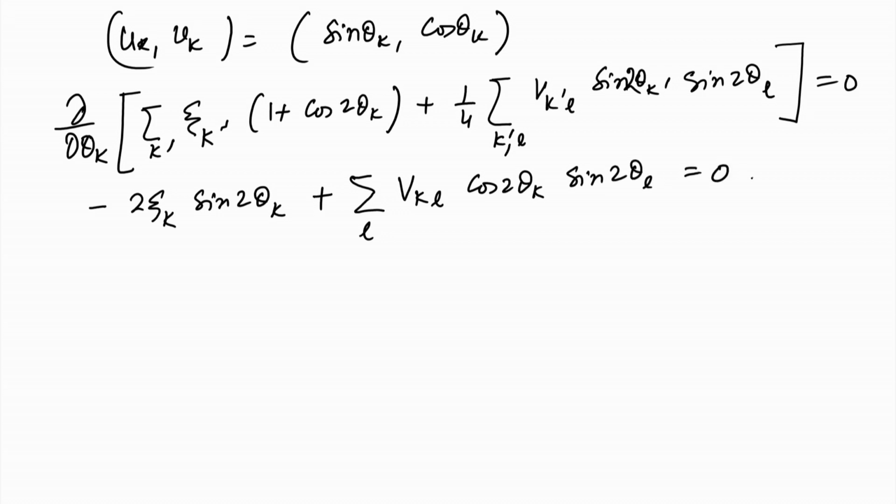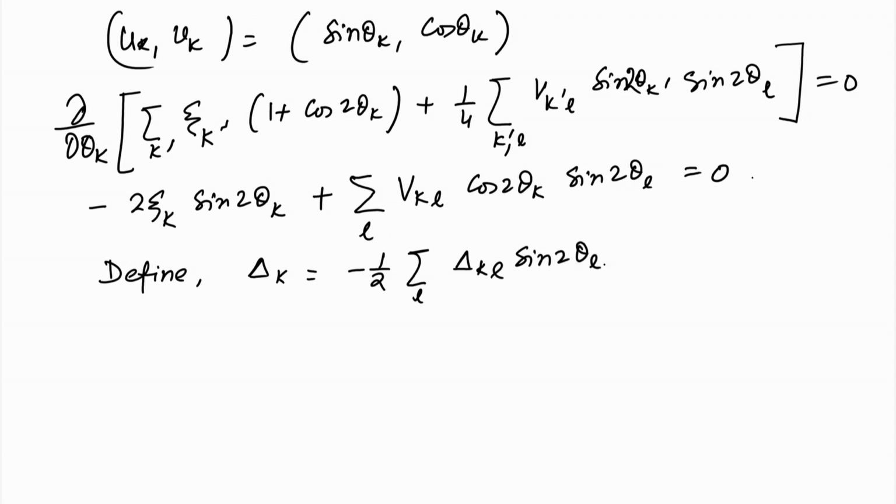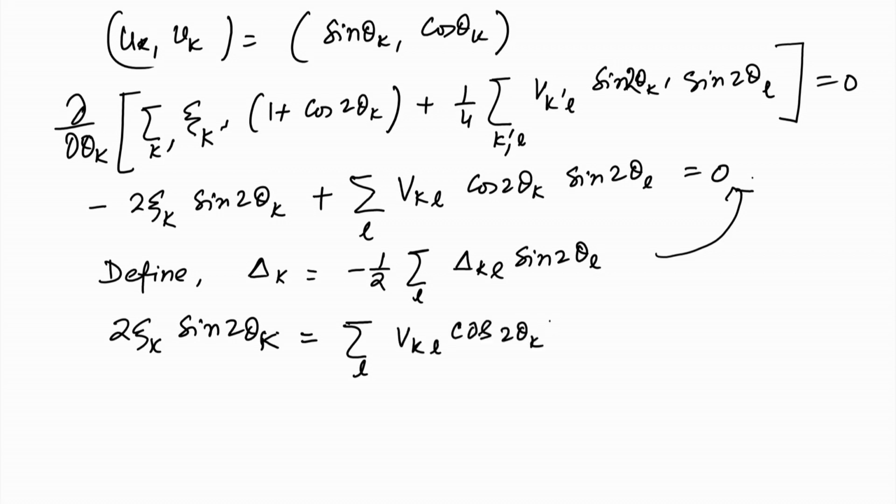If we define delta_k equal to minus half of sum over l of V_kl sin 2 theta_l, then putting it into this equation, one gets a nice equation: 2 xi_k sin 2 theta_k equals sum over l of V_kl cos 2 theta_k sin 2 theta_l, equal to minus 2 delta_k cos 2 theta_k.